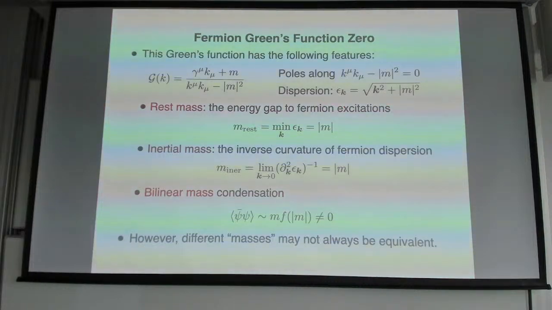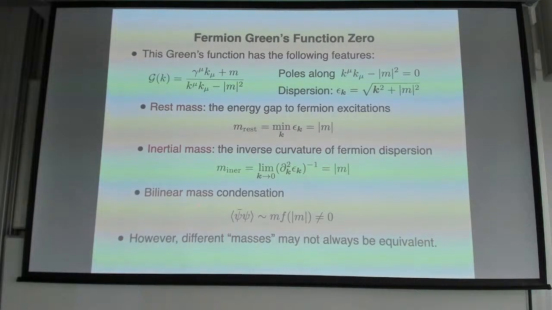Looking at this dispersion relation, you can say the fermion excitation is a well-defined quasi-particle. It has an energy gap proportional to the absolute value of the mass, and that is the rest mass, which is the energy gap at the minimum of the dispersion. There's also a notion of inertial mass, which is related to the curvature of the dispersion relation near k equals 0, and that turns out also to be this mass term, m.